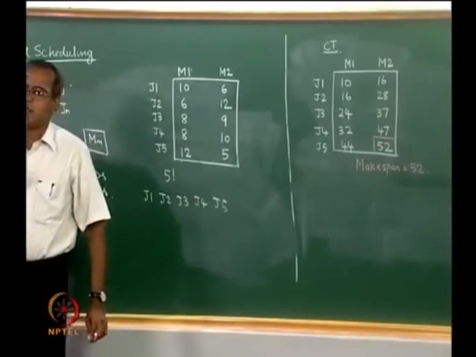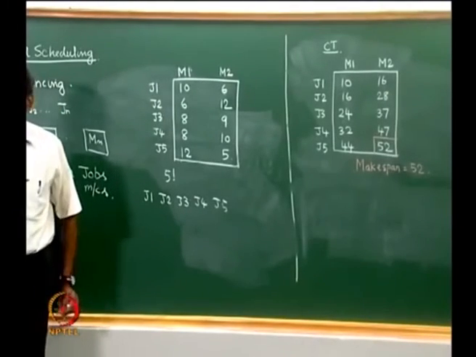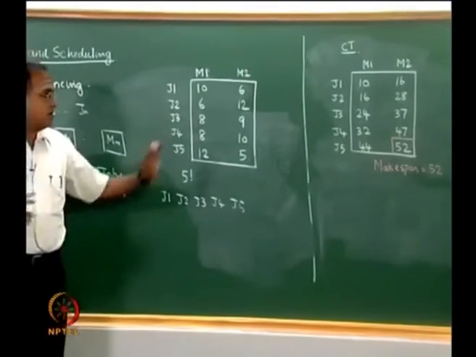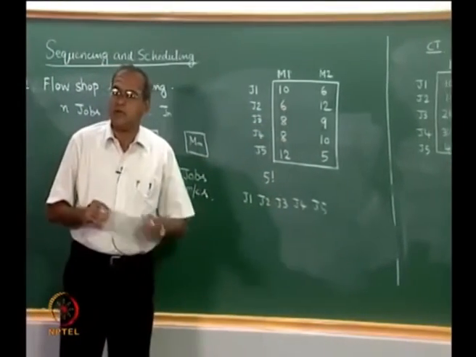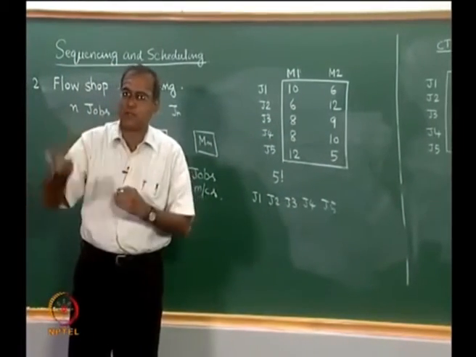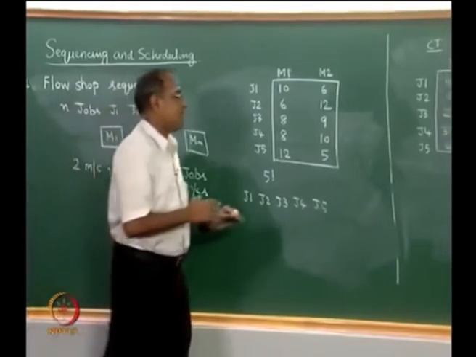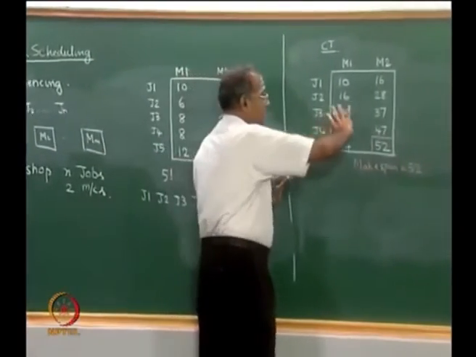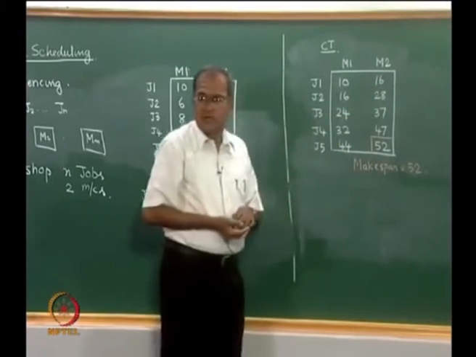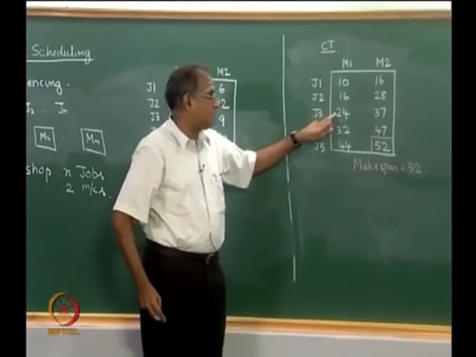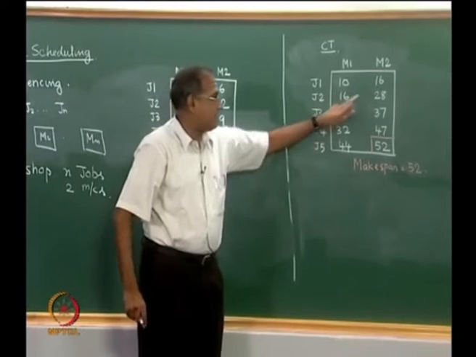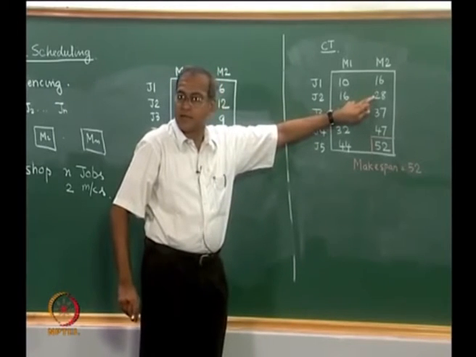Now, sequencing and scheduling problems become important because the number at which it completes, the makespan, largely depends on a couple of very important things, which are job waiting for the machine and machine waiting for the job. In this case, we had situations where the job was waiting for the machine. This job was over at time equal to 24, but then the job had to wait till 28.